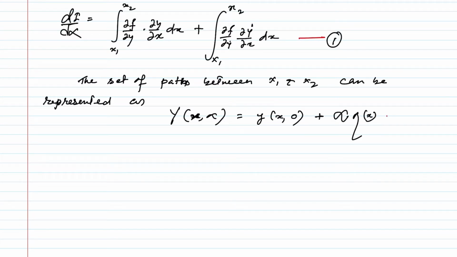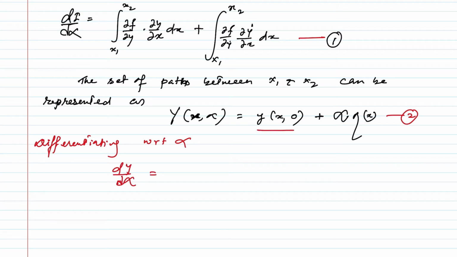This is equation number 2. If you differentiate this equation with respect to alpha, then what will you get? dy by d alpha. If you differentiate y of x comma 0 with respect to alpha, that's going to be equal to 0. So we have the derivative of alpha into eta of x.